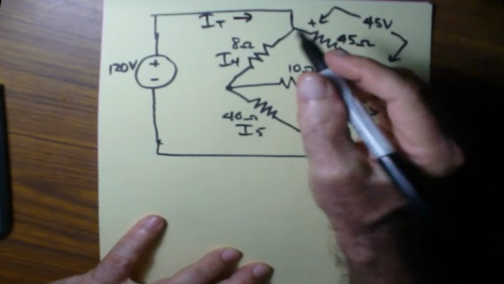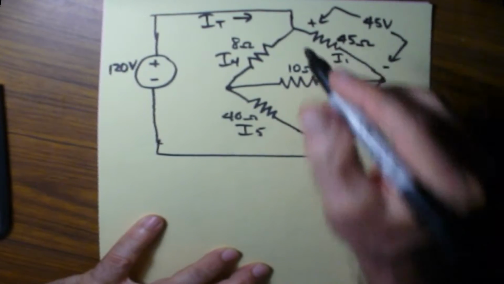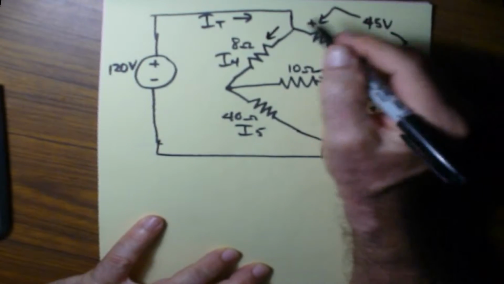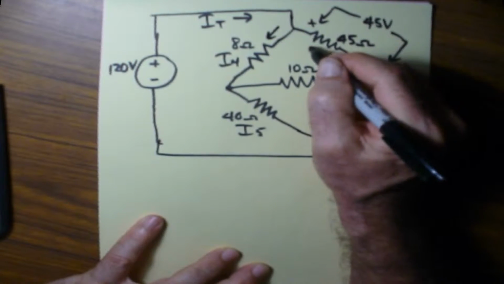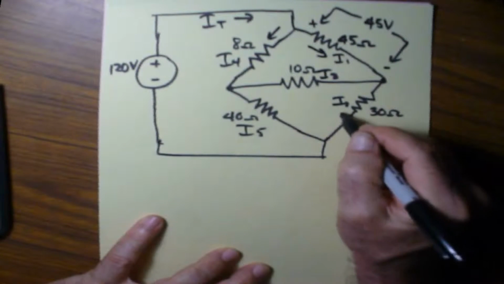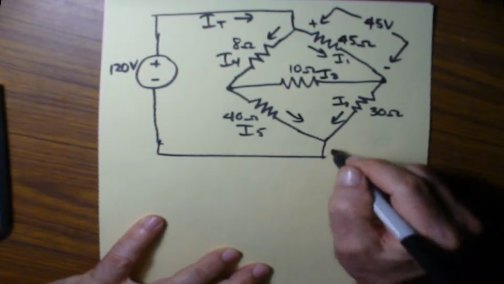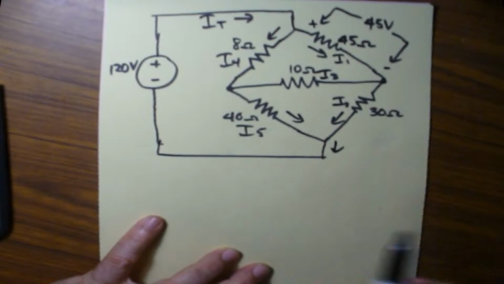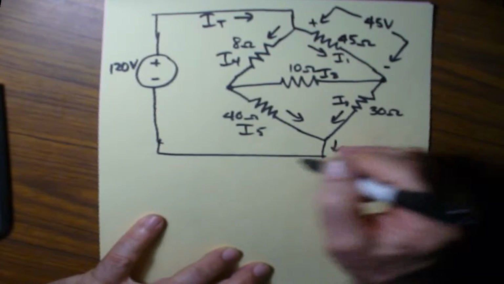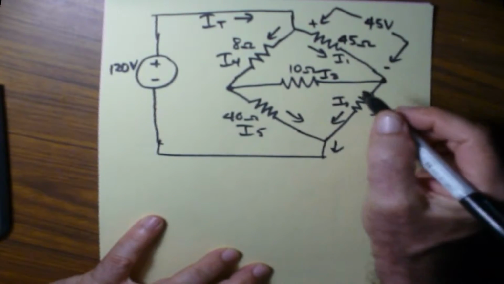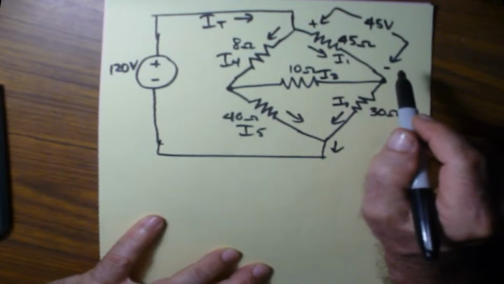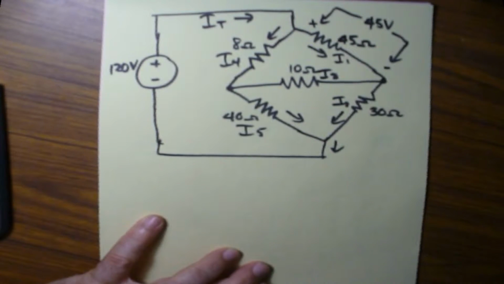I'm going to assume the currents go in these directions, always from positive to negative. We don't know which way I5 is going just yet, but we're going to see what happens.